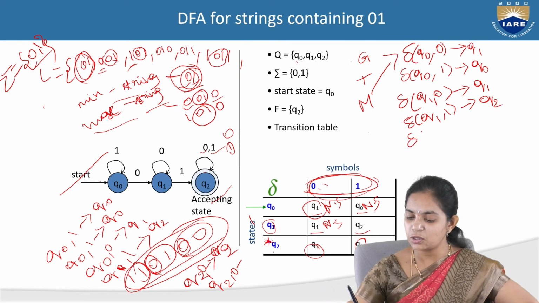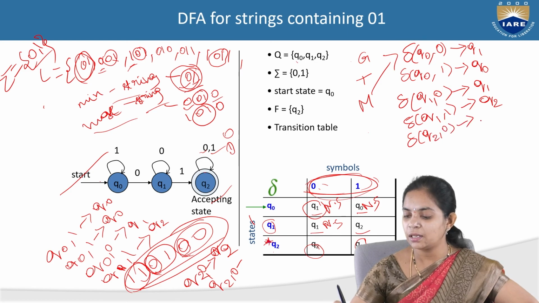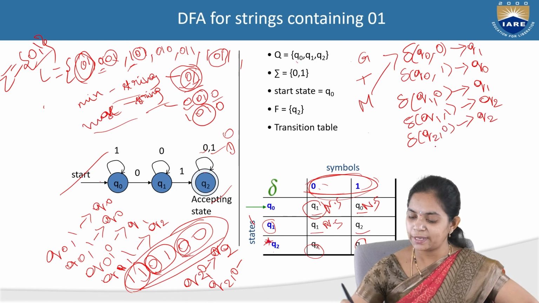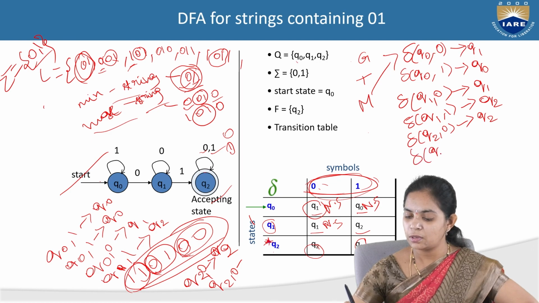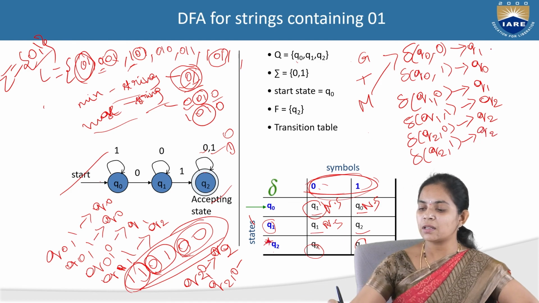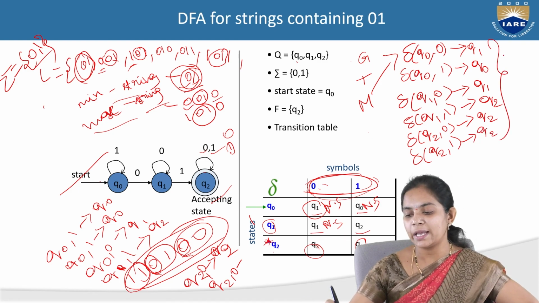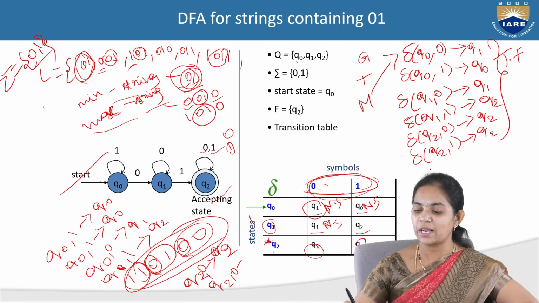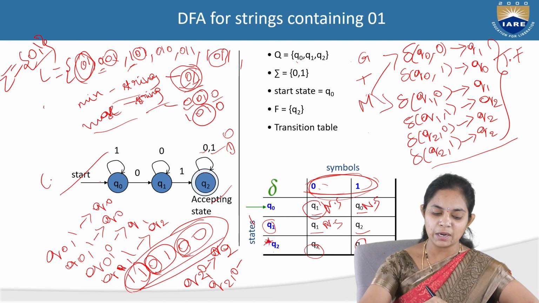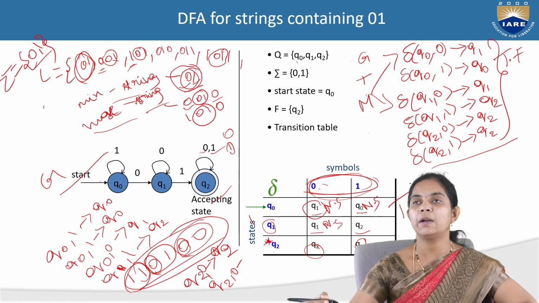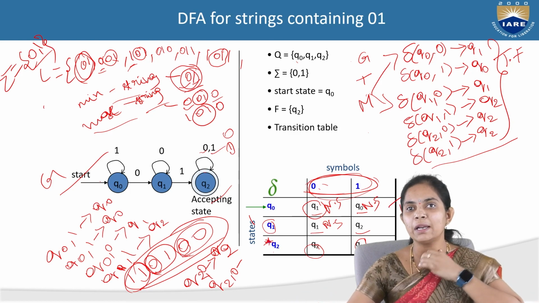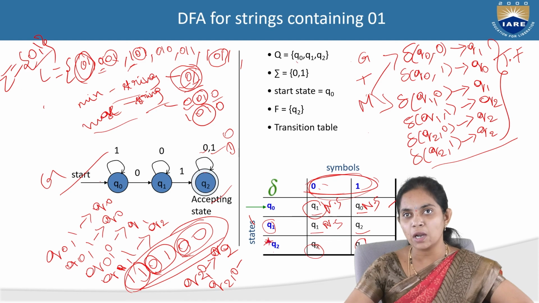And next, the transition of q2 comma 0 goes to the state q2 only. And the transition of q2 comma 1 goes to q2 only. So these are all the mathematical transition functions. This is the representation of the transition function, that is the mathematical function, this is the graphical representation, and this is the tabular representation. So these are the three representations of the finite automata.